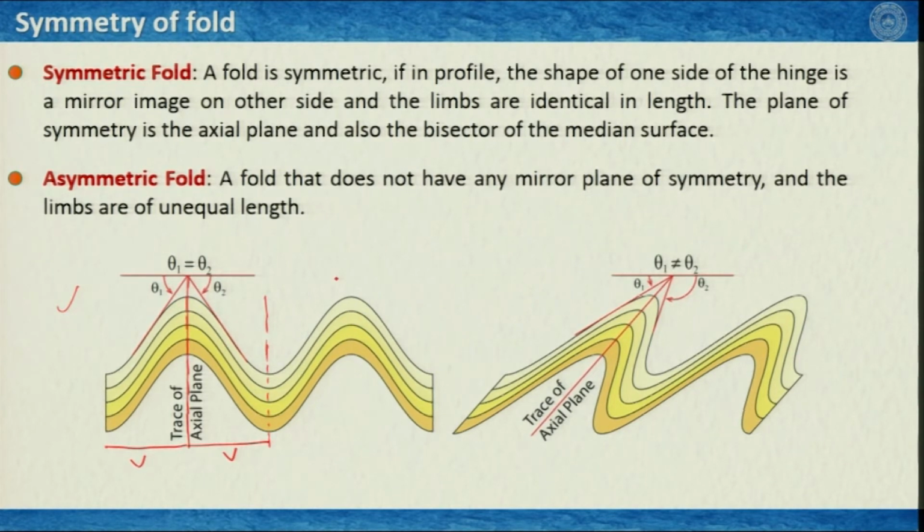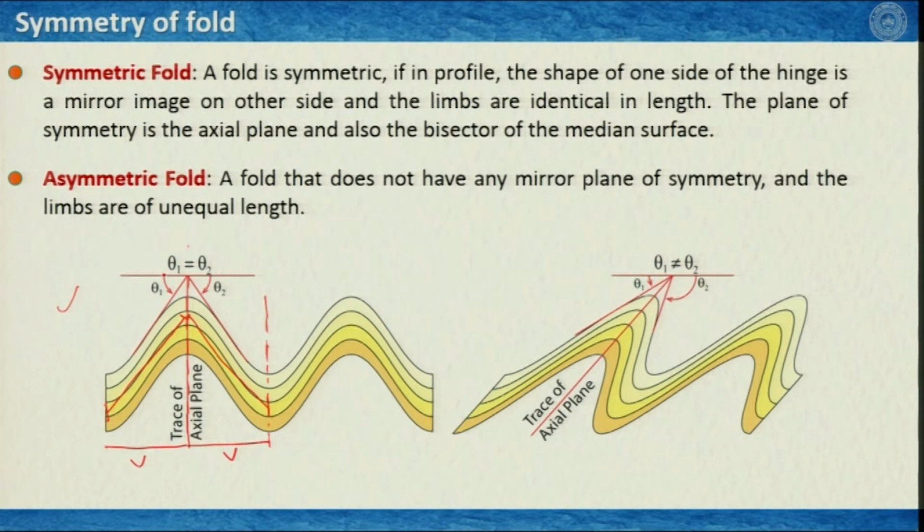Therefore, this folded structure, as per definition, is a symmetric fold. Also, the length of the limb, if I consider from here to here or here to here, considering it has no hinge zone, is similar to each other.